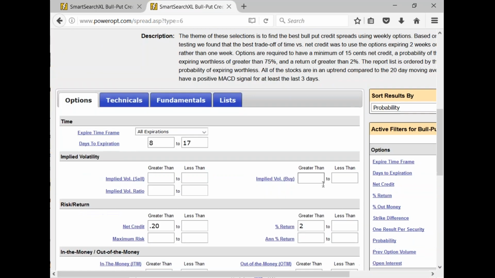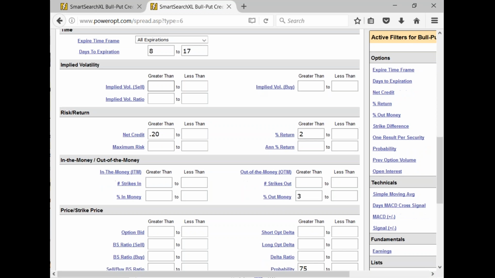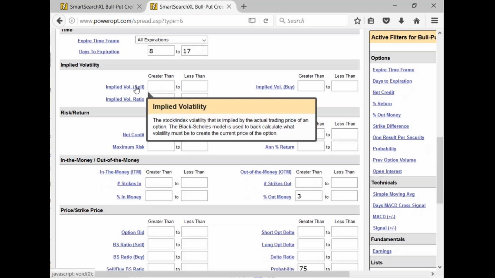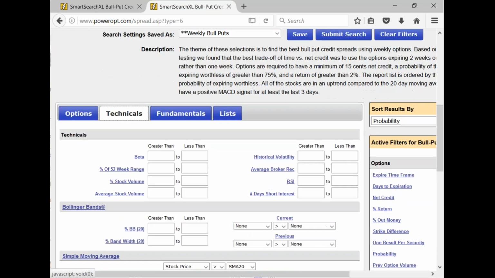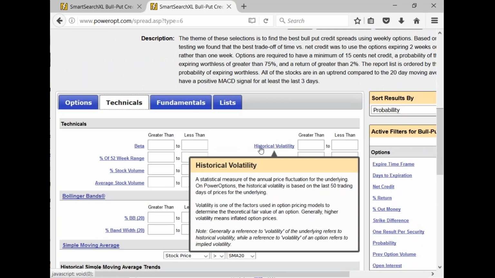Okay. 2 forms of volatility. Implied volatility, which relates directly to the option, meaning that it's the number behind why the option is not trading at its exact Black-Scholes pricing model, which is based on the stock volatility. The historical volatility of the stock is a measure of the movement of the underlying security.